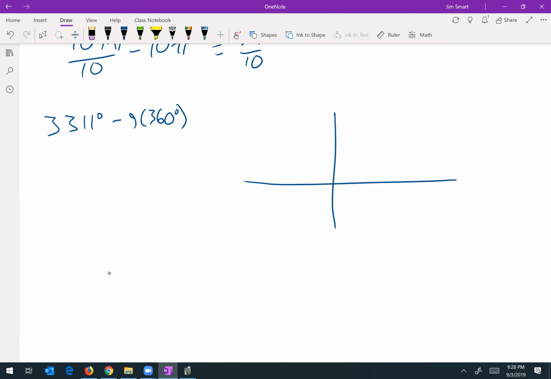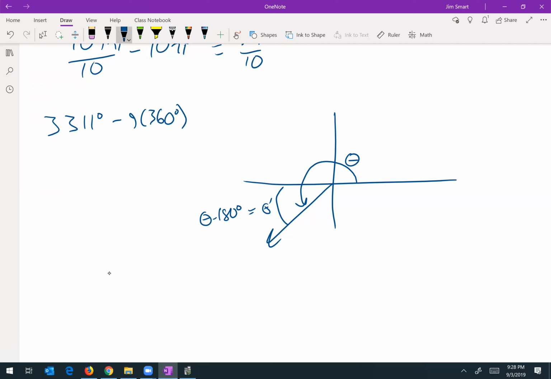If I was in the third quadrant, my theta, again, is starting at the positive x-axis and going all the way around. My theta prime is just back to the closest x-axis. So in this case, because my theta is bigger than 180, I would do theta minus 180 degrees, or everywhere I say 180 degrees, that would be pi if I was working with radians.